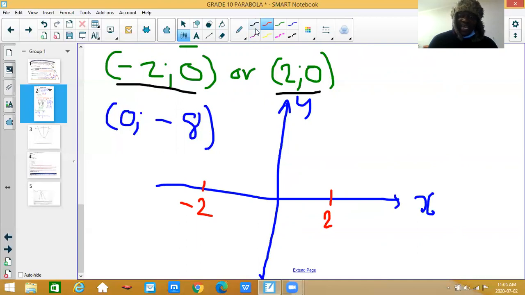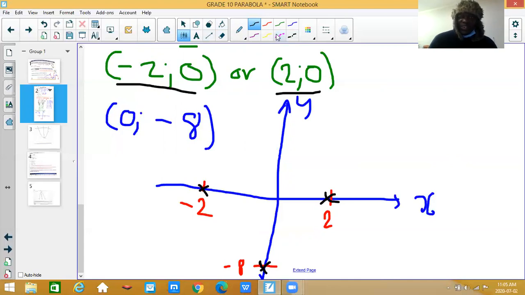So where the graph cuts the x-axis, it cuts here at minus 2 and at 2. Where does it cut the y-axis? It cuts the y-axis at minus 8. This is where it cuts the graph. So we are saying on the y-axis, it cuts at minus 8.